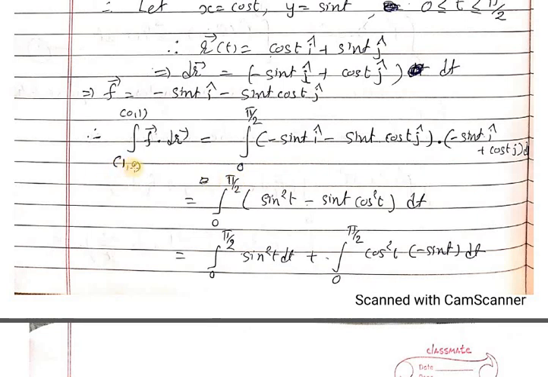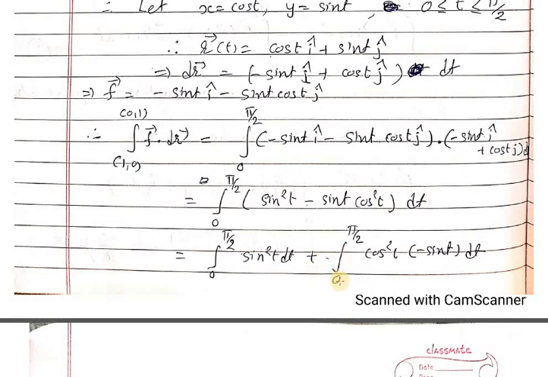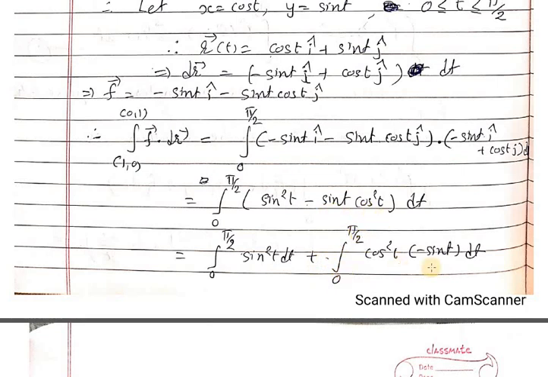See, you are integrating from (1, 0) to (0, 1). Now you have written it in the form of t, so now t varies from 0 to pi by 2. So integration from 0 to pi by 2 of sin square t minus sin t cos square t dt. Separating the integration, integration of sin square t dt plus integration of cos square t into minus sin t.